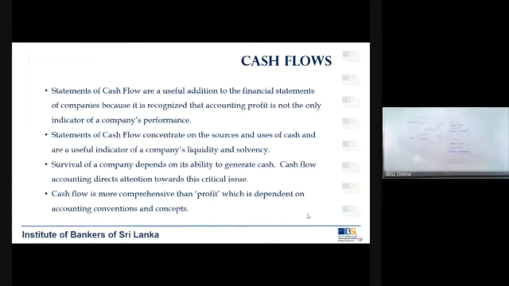For example, you are making depreciation. Now the depreciation doesn't have any cash impact, but it's an expense that you are incurring. So basically your profit means actually it's nothing. What is more important is the cash flow that you are generating.